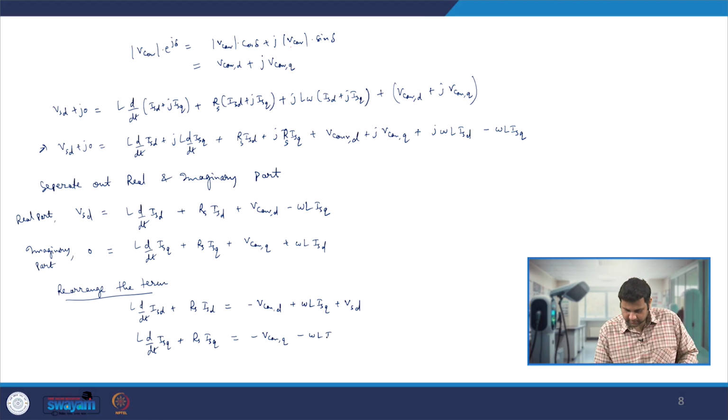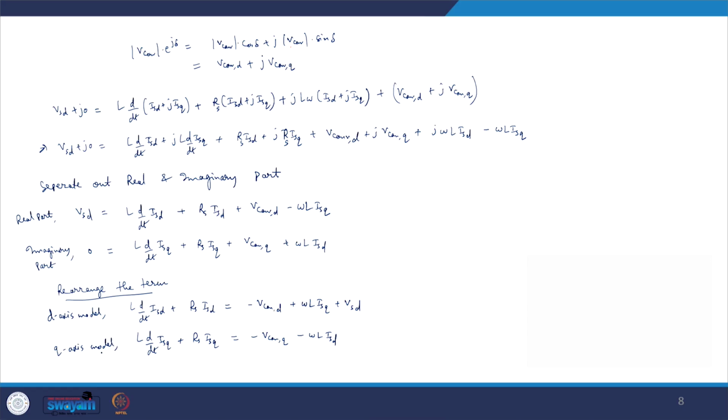minus omega T. Now if we look at this one, this is nothing but the D axis model and this is nothing but the Q axis model, these two parts.